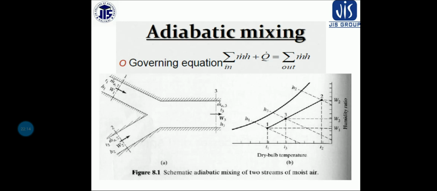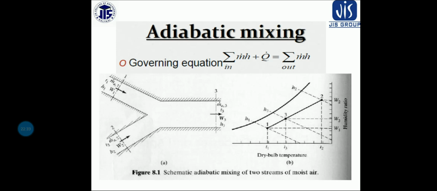Now the condition is shown here, dry bulb temperature versus humidity ratio. How it moves from 1 to 3 can be described in this figure.